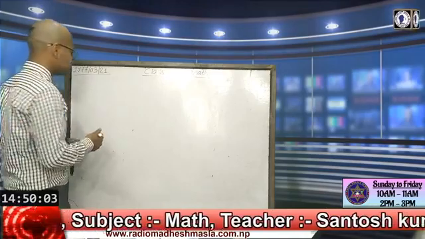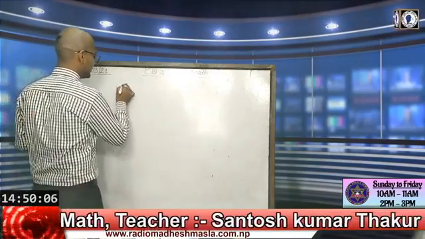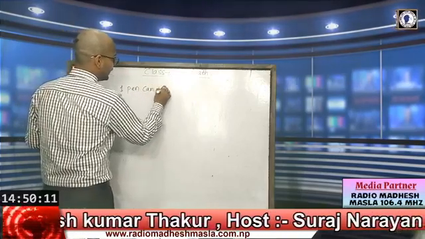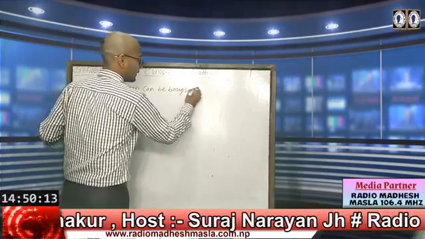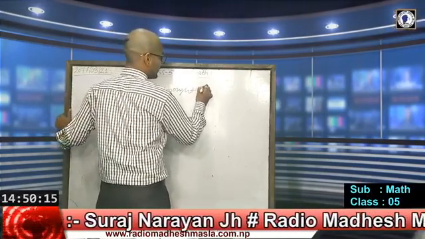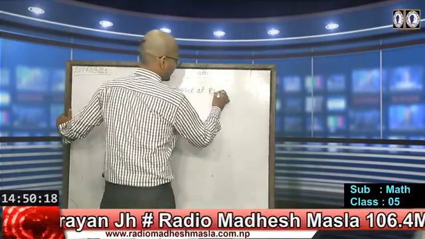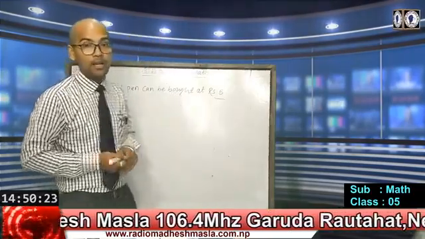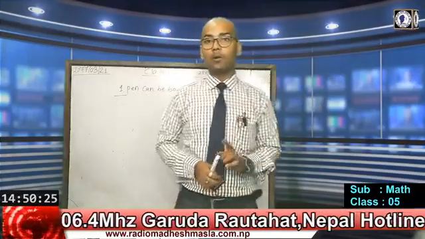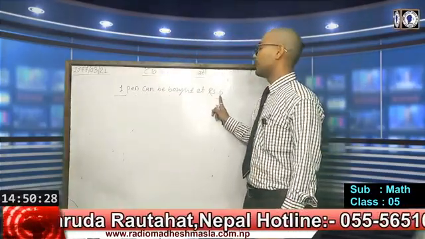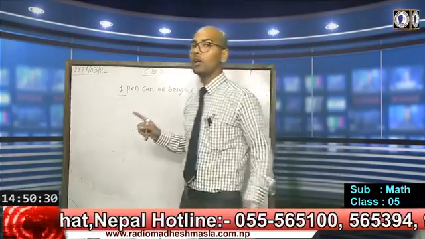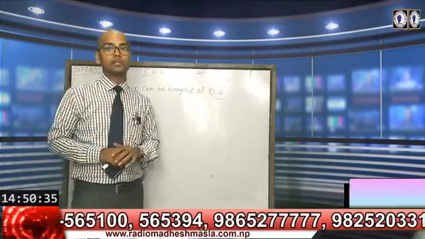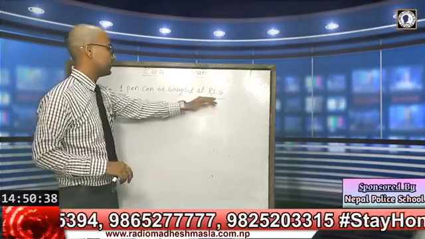Suppose one pen can be bought at Rs 5. Listen carefully here. If one pen can be bought at Rs 5, it means the cost of one pen is 5 rupees.